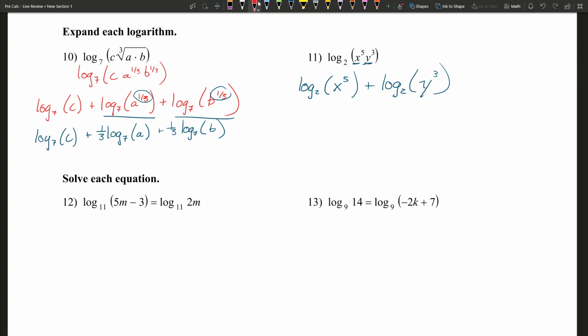Now that's not as expanded as it can get because there's exponents in here. So we can put those out front. And then we have 5 log base 2 of x plus 3 log base 2 of y.